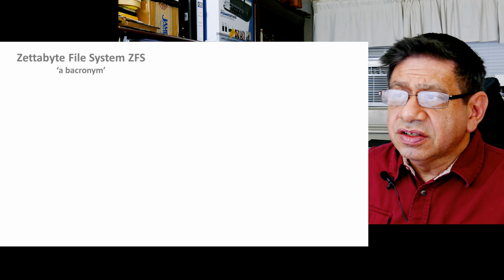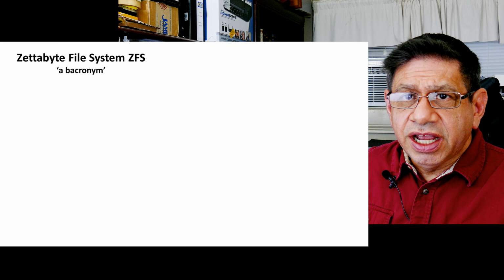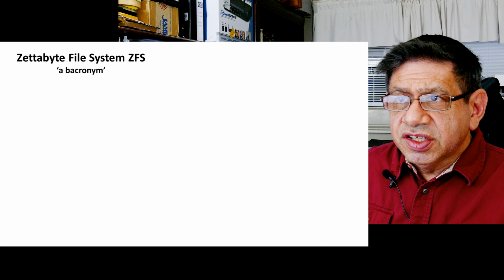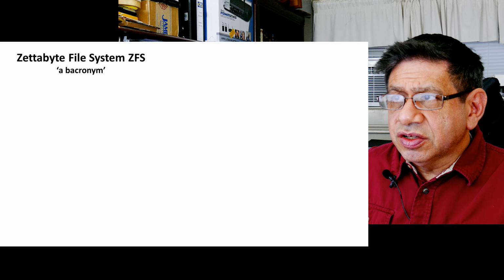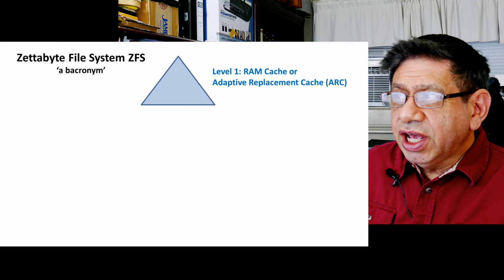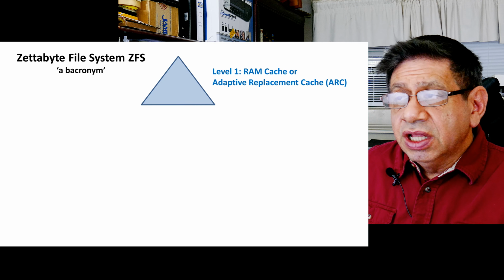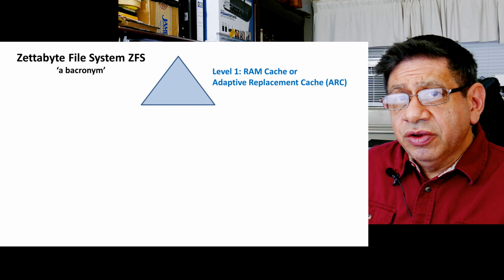There's a quickie now on ZFS and why we need a cache and where it fits in. It's actually called a zettabyte file system, ZFS. But the first thing you have with the ZFS file system is a cache that's in RAM. That's why the more RAM you have, the better you are.